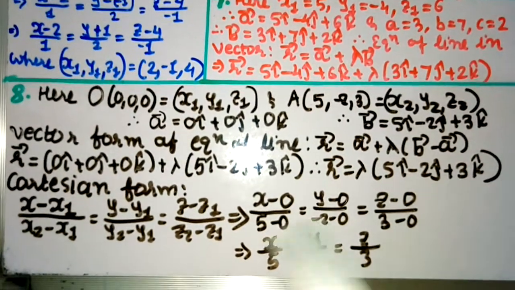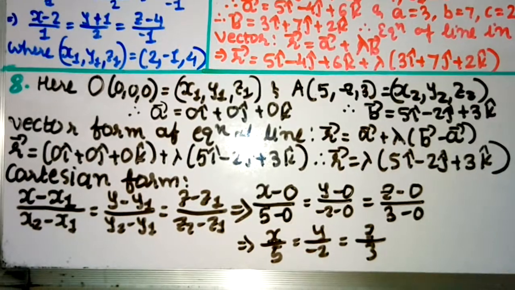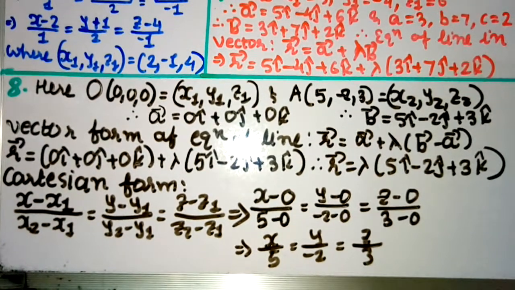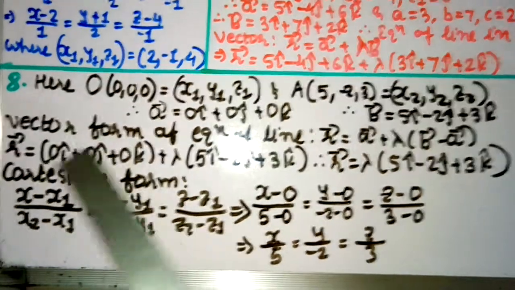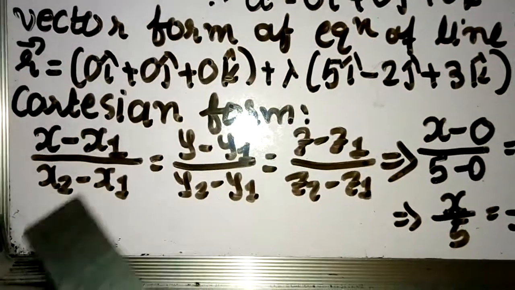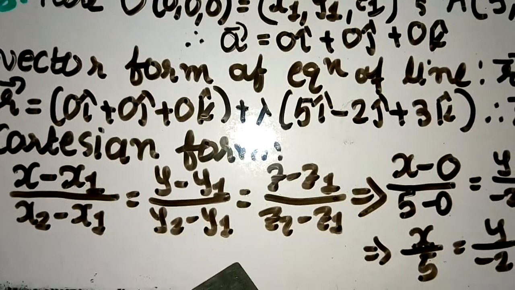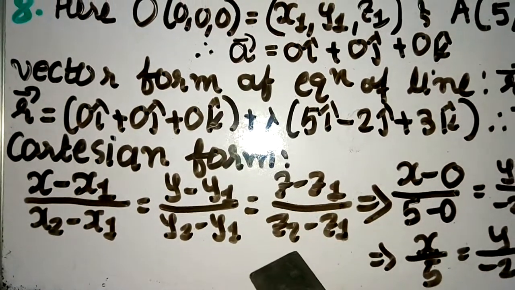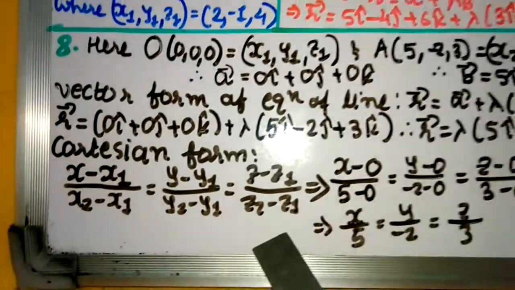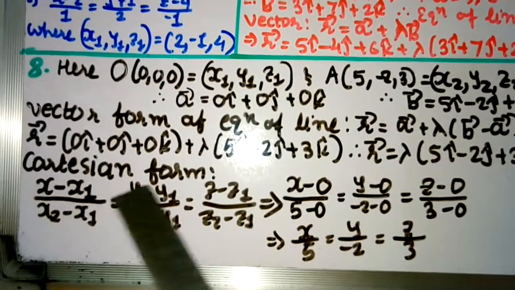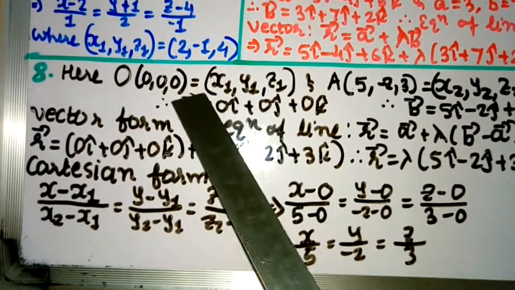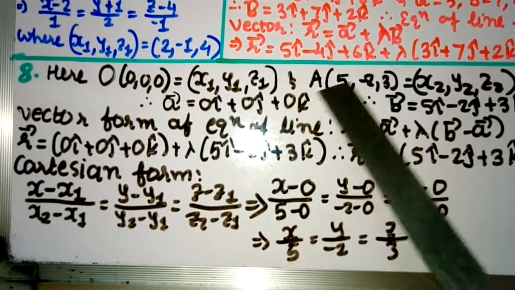Now we also have to write it in Cartesian form. The Cartesian equation of a line passing through two points is given by this formula: (x - x1)/(x2 - x1) = (y - y1)/(y2 - y1) = (z - z1)/(z2 - z1). Let us place the values. x1, y1, z1 is 0, 0, 0, and x2, y2, z2 is 5, -2, 3.